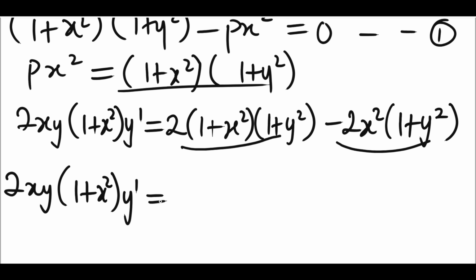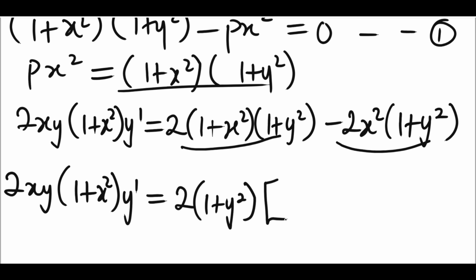Now you can see that they have a common factor. They all have 1 plus y squared, and they also have 2. So that 2 is common to all of them. So we can bring 2 out. Or if you want to maintain the 2, you can maintain, but let's bring it out. So you can bring it out, 2 multiplying 1 plus y squared.